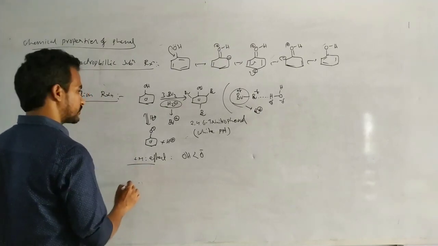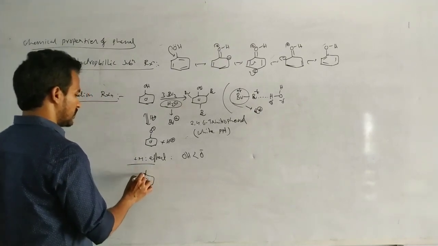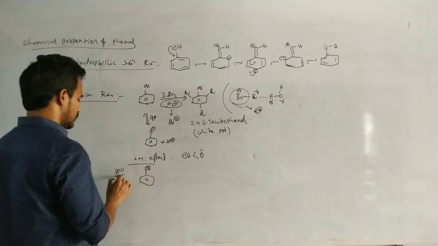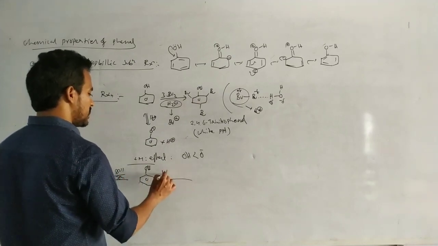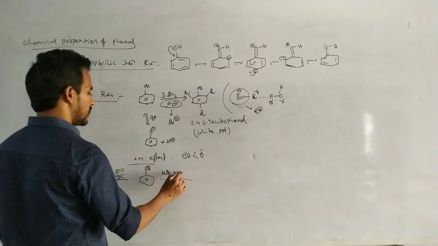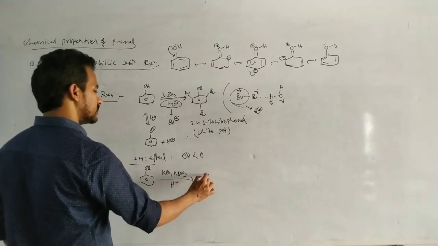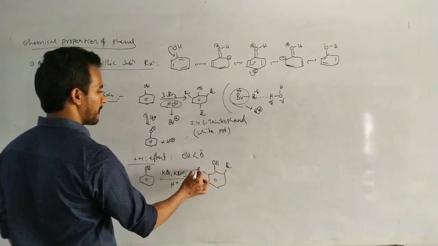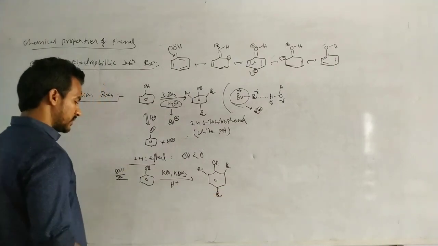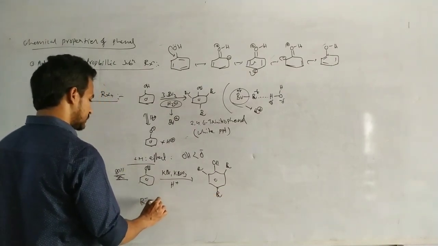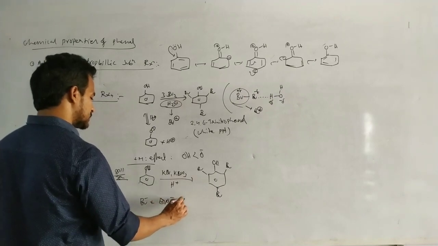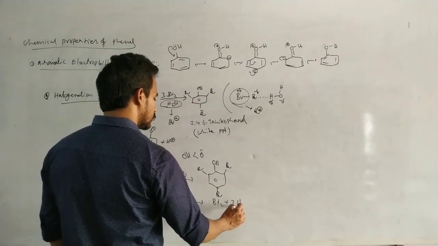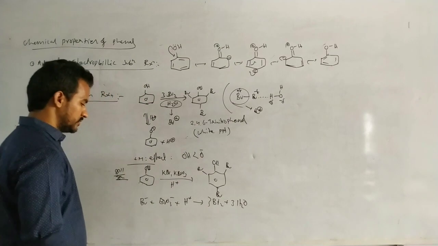Now here, this is a 2011 or 2012 mains question. This one is treated with KBrO3 in the presence of acid medium. The product is tribromophenol, because BrO3 minus and H plus give Br2 and H2O, three moles of Br2.